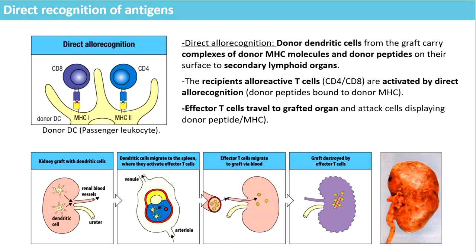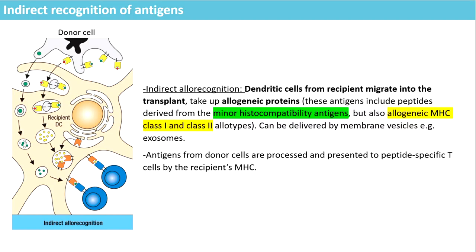So that's direct recognition. Now if we turn our focus to indirect recognition, in this instance we have a recipient dendritic cell. The recipient dendritic cell will migrate into the graft or the transplant, and it will take up allogenic proteins. These can be minor histocompatibility proteins, which are highlighted in green, but it can also be MHC class 1 and class 2, which is allogenic in itself.